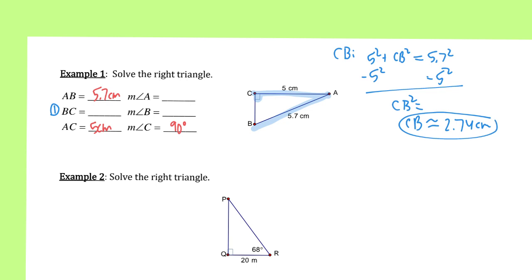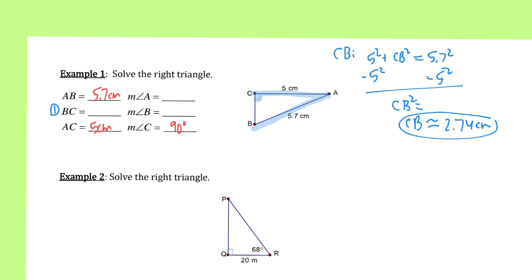I'll tell you how I put it in my calculator. Where's my calculator? Here she is. I just typed in 5.7 squared and then subtract 5 squared, and then I pushed enter. Then I did second square root, and I arrowed up and got that value, and pushed enter, and that gave me the square root of that answer.